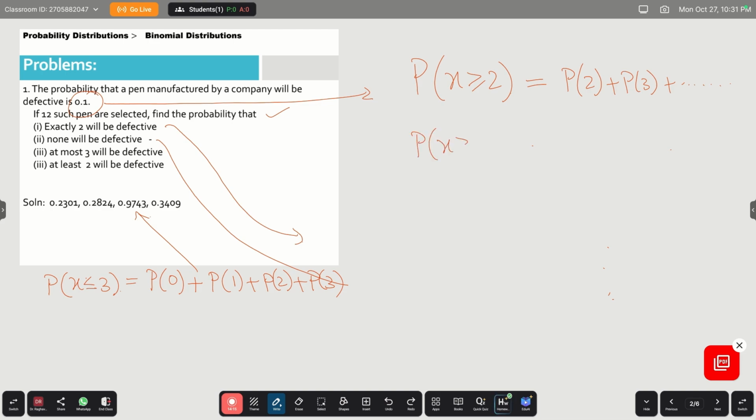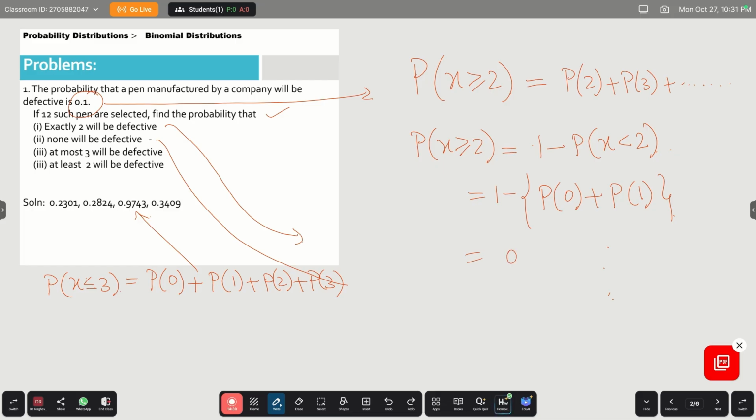Probability of x greater than or equal to 2 is 1 minus probability of its complement, x less than 2. Greater than or equal to 2, complement is x less than 2. Okay. So this will be 1 minus, what are all the values? X less than 2. It is 0 and 1. Only 2 values. Calculation will be very simple.